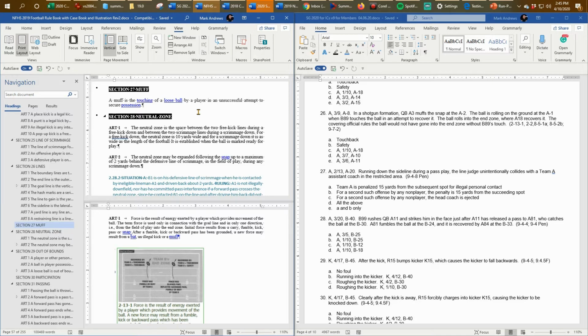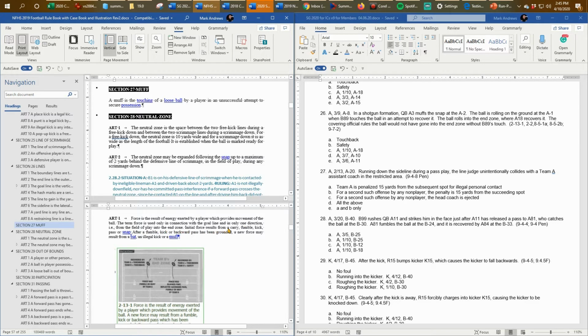And so that muff is the force, again, but we're brought right back to force, that put the ball into A's end zone. So force is the result of energy exerted by a player which provides movement of the ball. The term force is used in connection with the goal line and only in one direction, i.e. from the field of play and into the end zone.